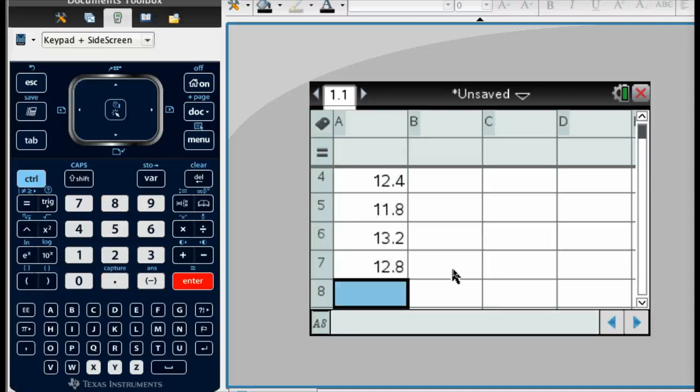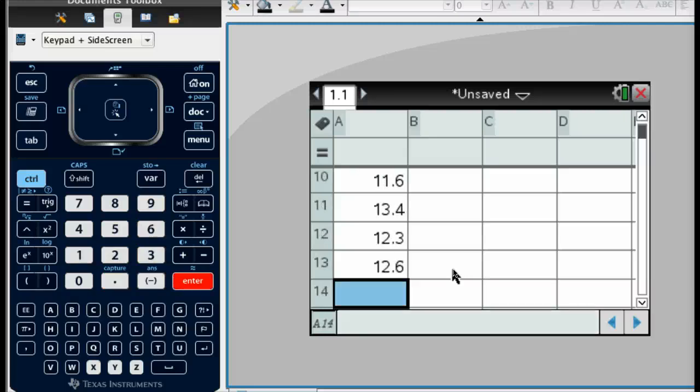If you don't practice doing this and I'm just doing this and you're looking, you're not going to learn. You need to practice, make sure you know how to enter these numbers, know how to find the standard deviation on the calculator. 11.6, we're almost there. 13.4, 12.3.